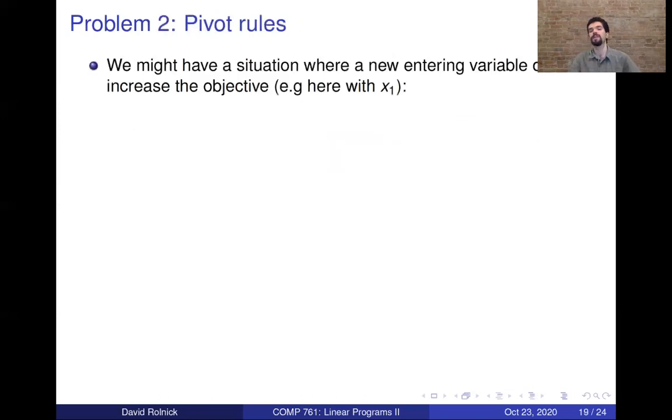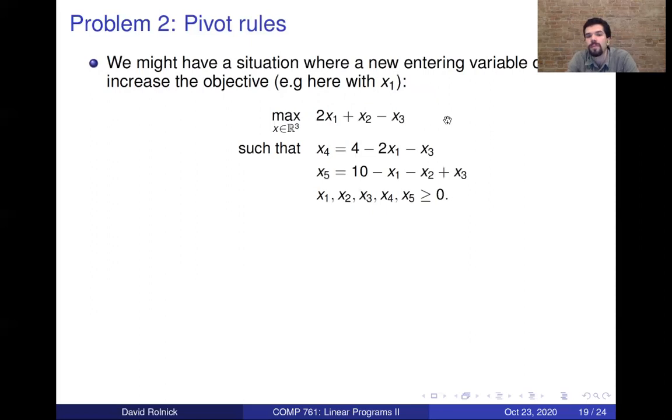The second thing was something that somebody asked. We might have a situation where a new entering variable doesn't help us, for example, if it doesn't increase the objective. For example, here with x1, if you change this to a 0, swapping x1 and x4 would actually not increase the objective at all. x1 and x4 would both stay 0.